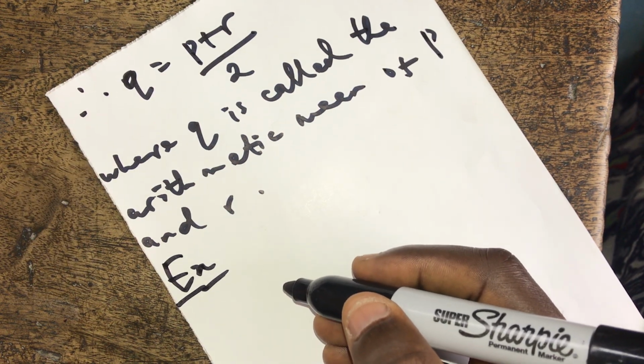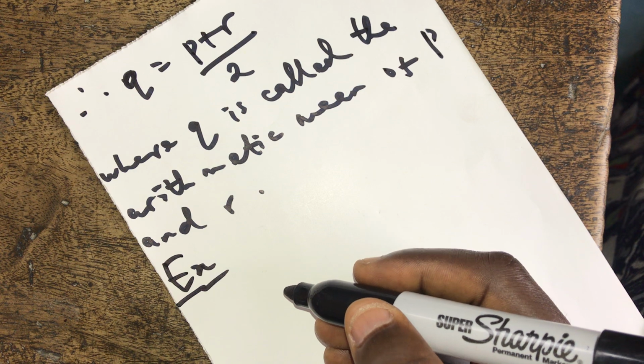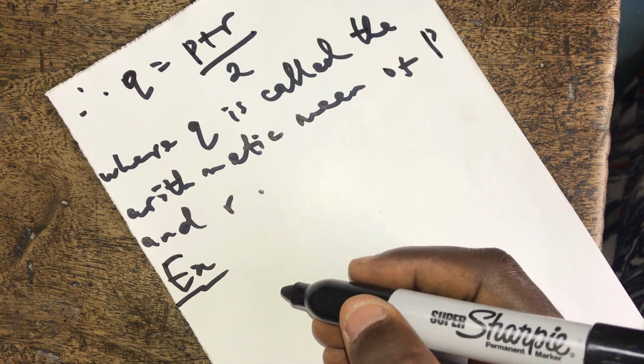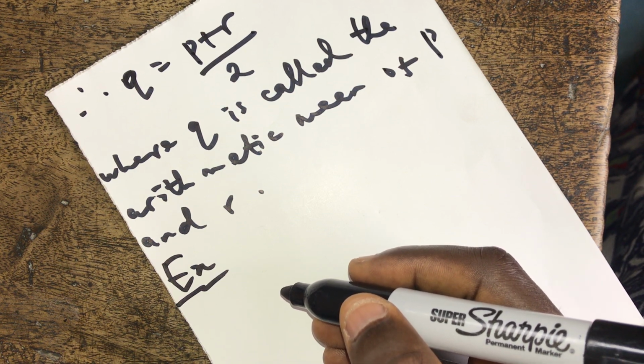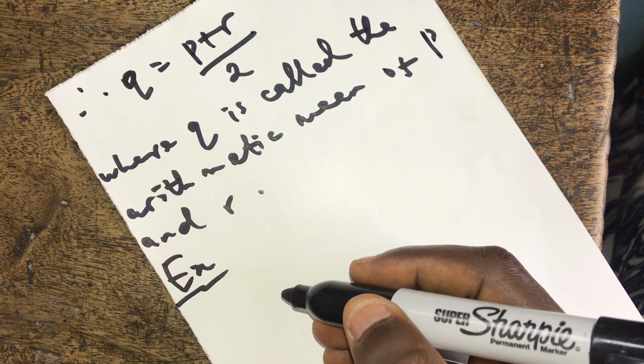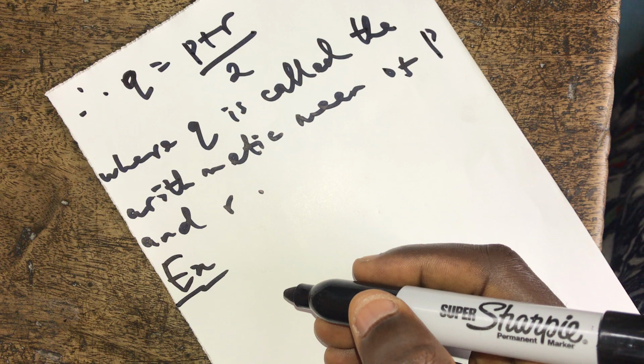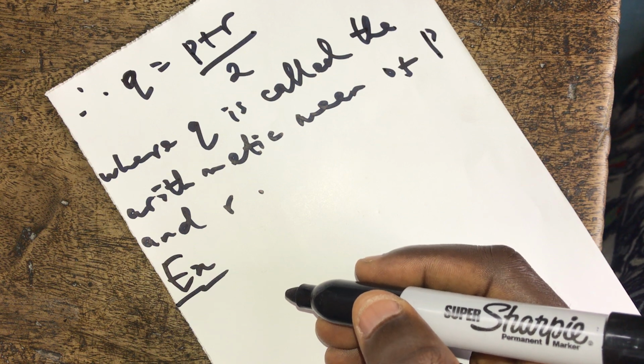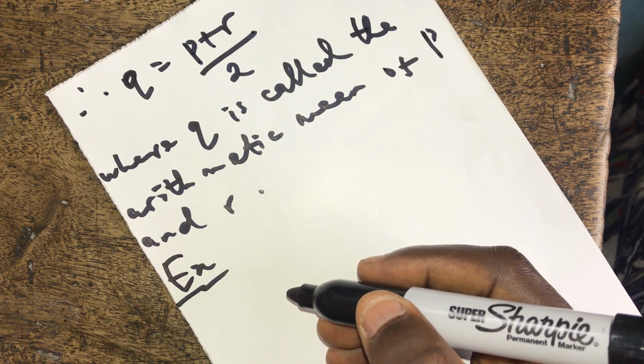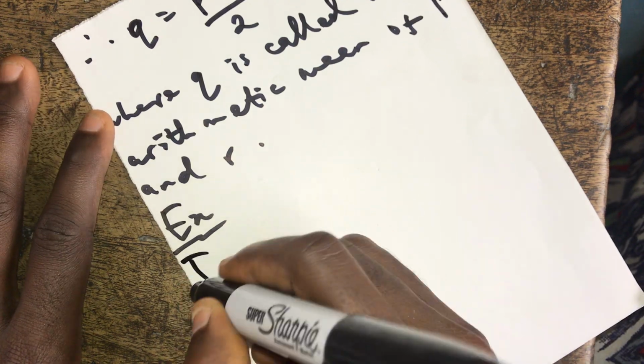Insert three arithmetic means between 19 and 32.